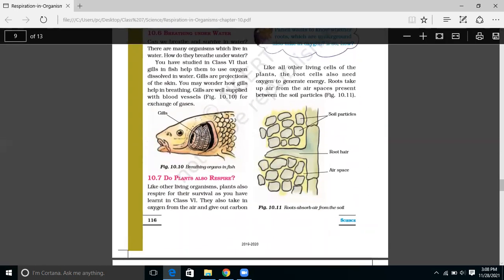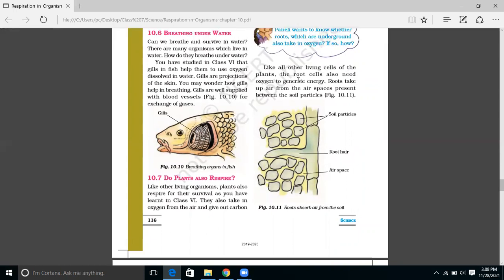Like all other living organisms, the root cells of the plants also need oxygen to generate energy. So roots will take up air from the air spaces which is present between the soil particles.